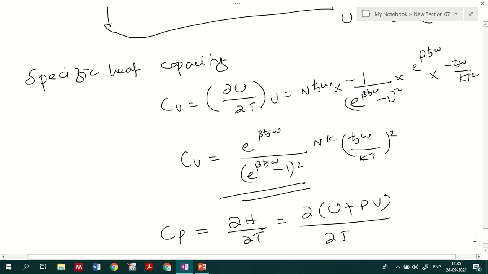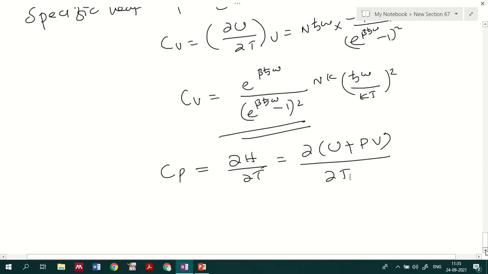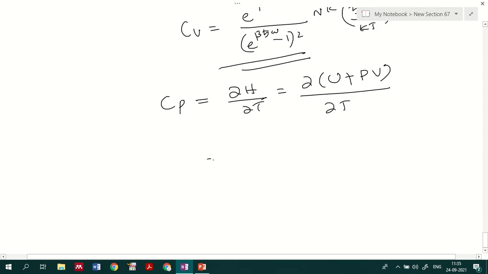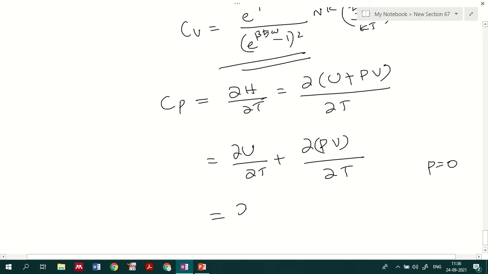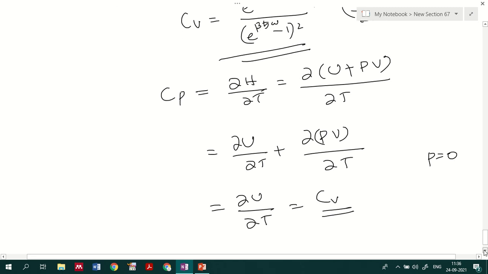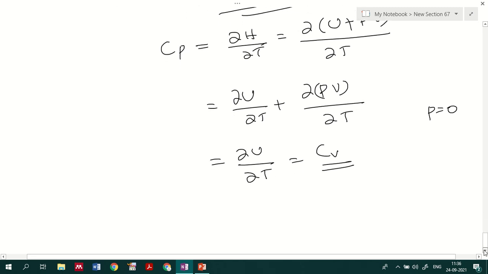So you have to take dou U by dou T plus dou PV by dou T. When you do that, as we know, the PV term is equal to 0 again, so dou U by dou T you will be getting Cv. So Cp equal to Cv again, as we explained, and we get the same in quantum theory as well.